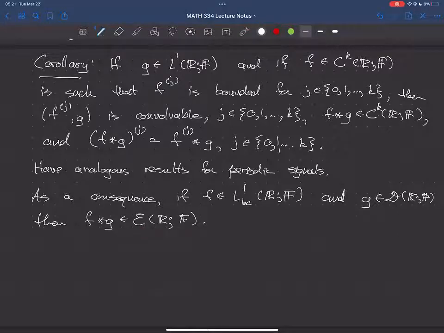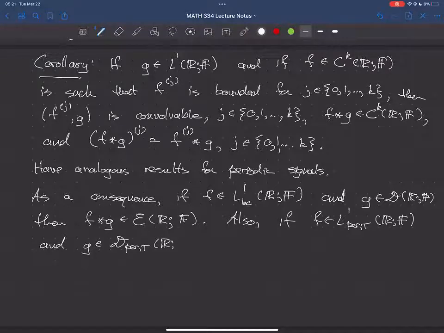And also there's a periodic version of this. If f is in L1 per T, and g is in D per T, so what do I get?